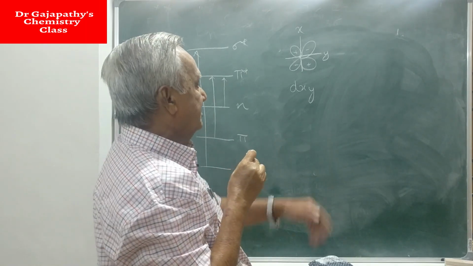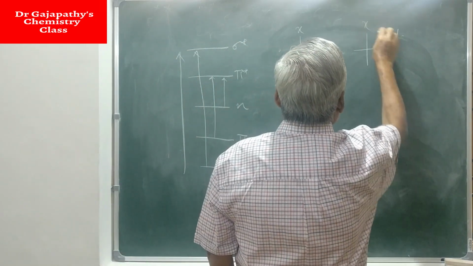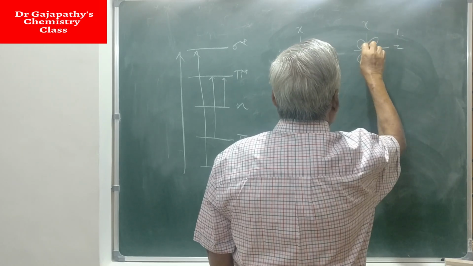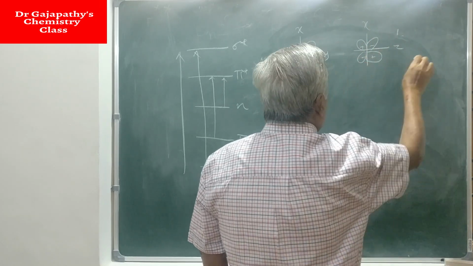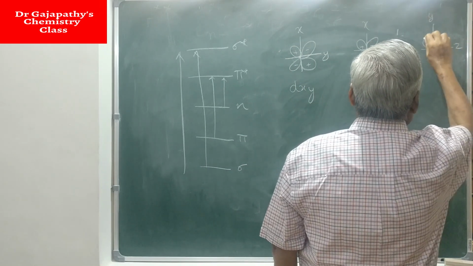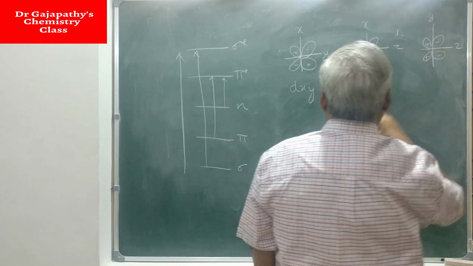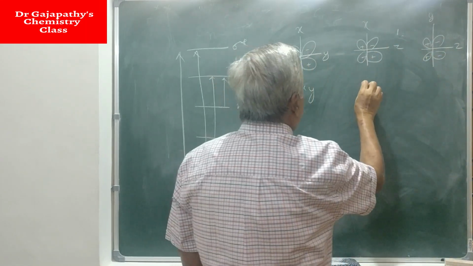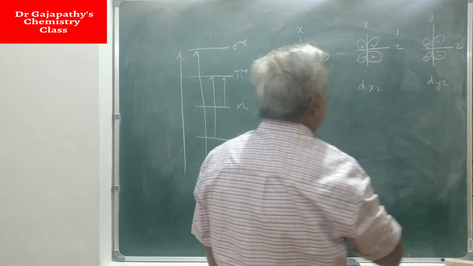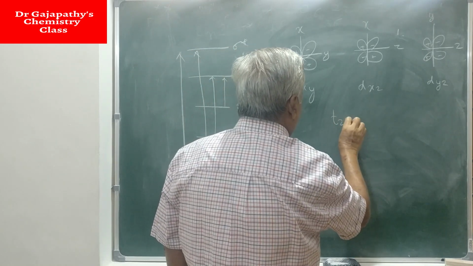We get a similar structure. Similarly, xz is that, and yz is that. We call them t2g orbitals.